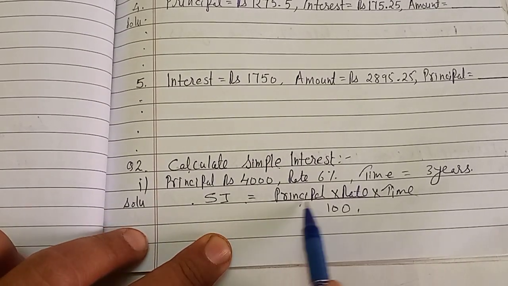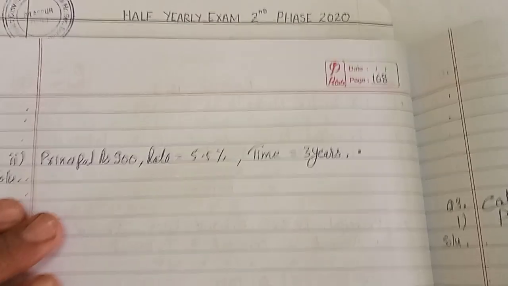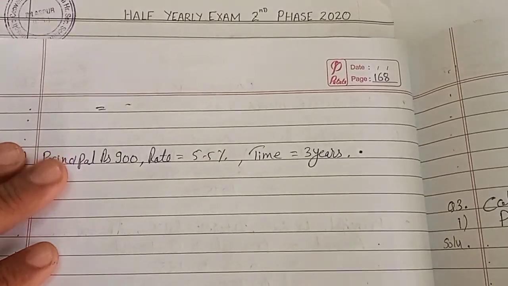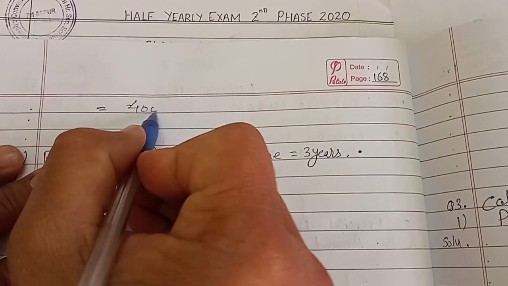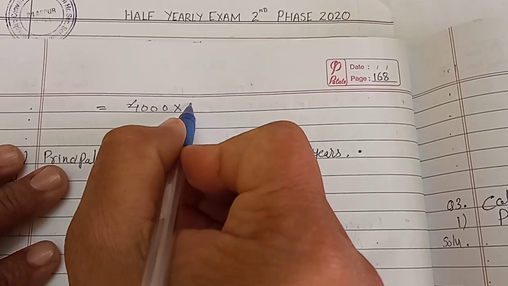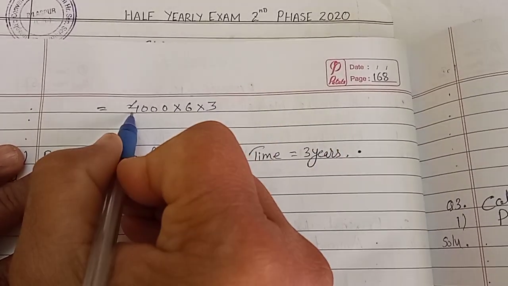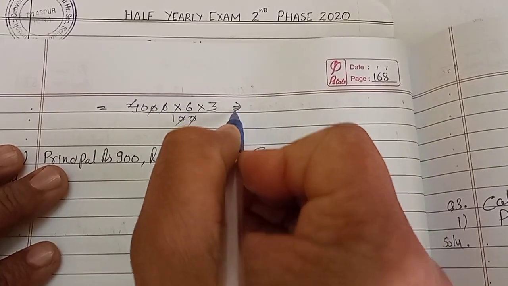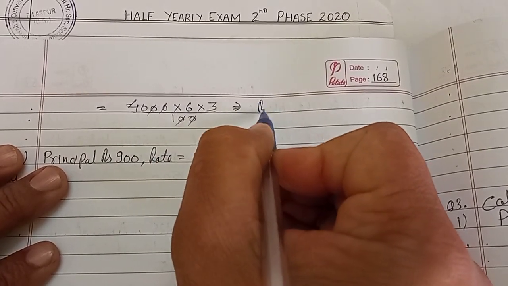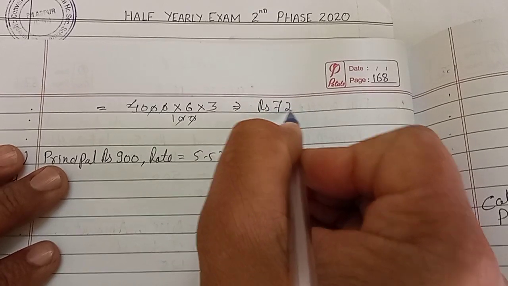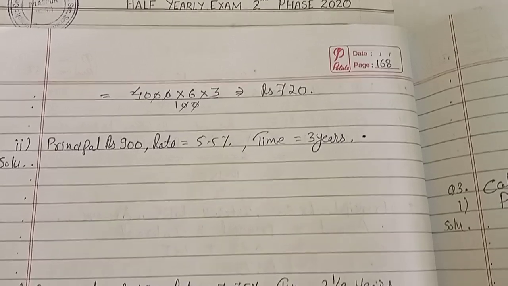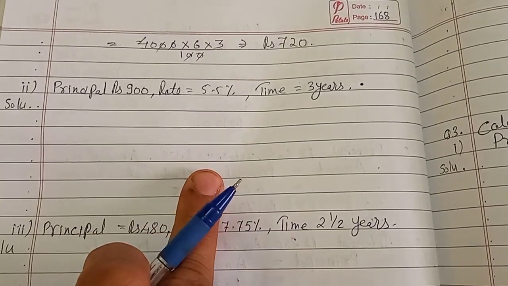Now put the value of principal, rate and time and cancel it. The value of principal is rupees 4000, 6 into 3 upon 100. Cancel this 20. How much is left? That is rupees, multiply it, 720. Is it clear? Question number 2 is also your homework.